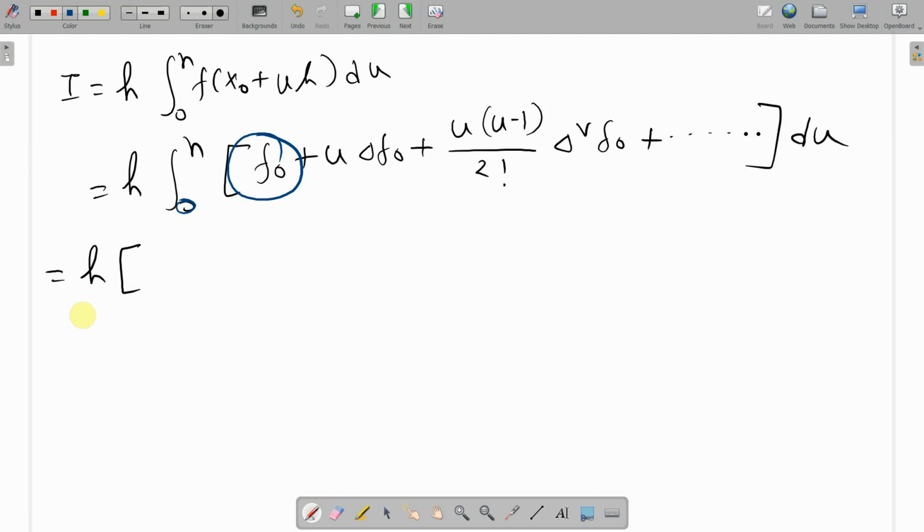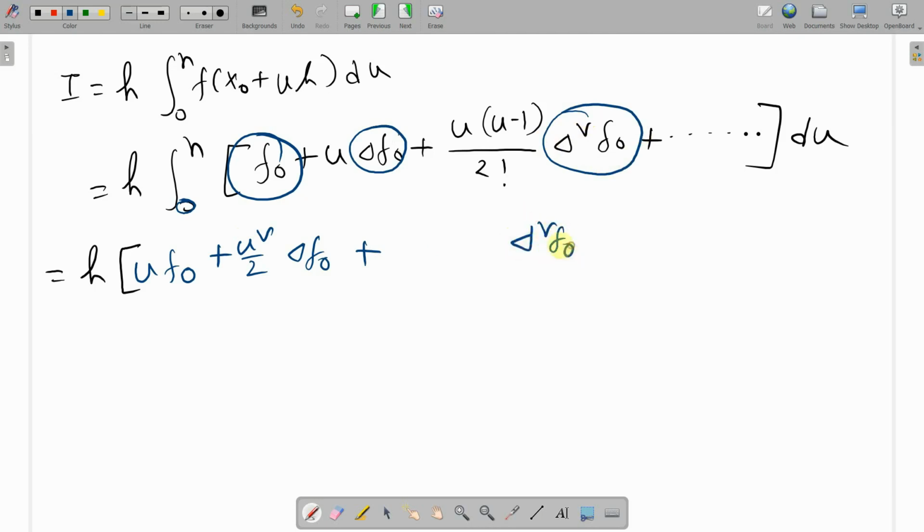It will be u f0. Similarly, delta f0, let's say constant, it will have some value. So consider delta f0 is constant. Now tell me what will be the value here. So initially I will write delta f0 u square by 2. Now for this one, this will be the constant, let's say. So let me write this one first.